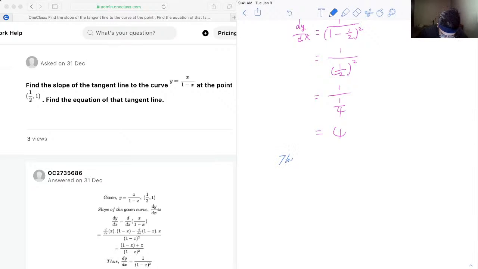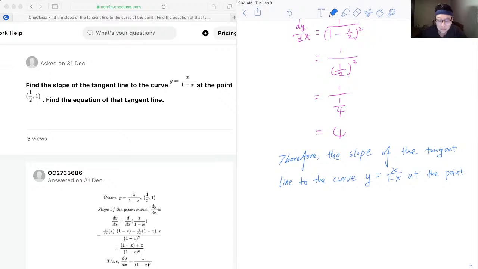Therefore, the slope of the tangent line to the curve y is equal to x over 1 minus x at the point 1 over 2, 1 is 4.